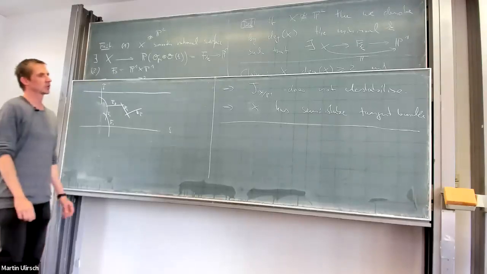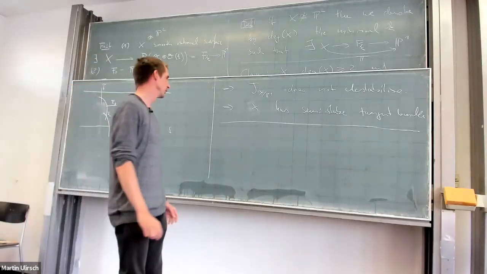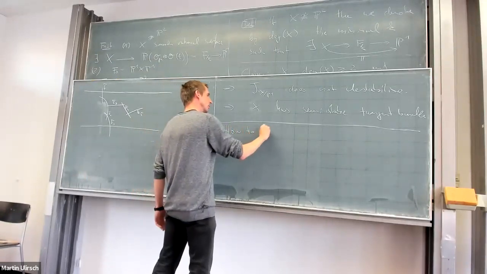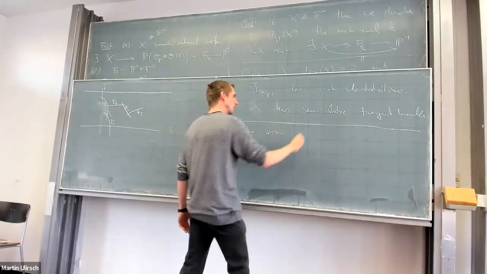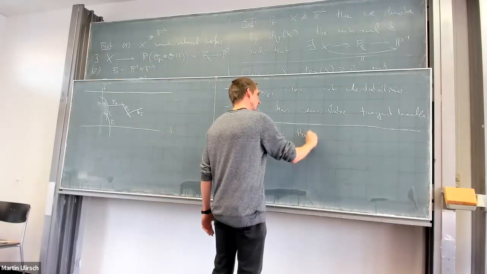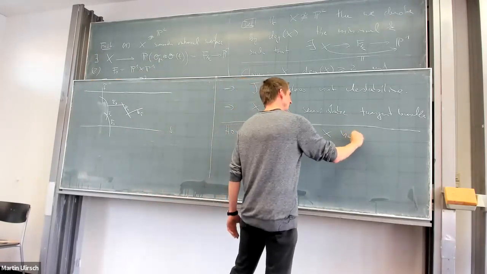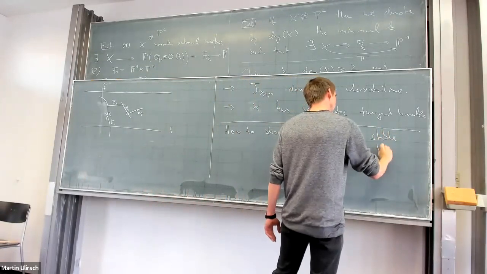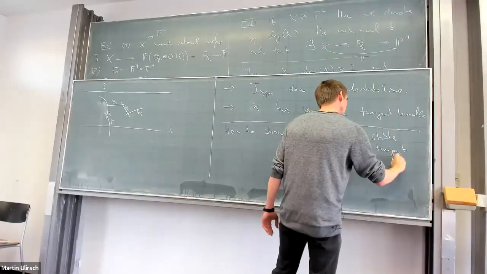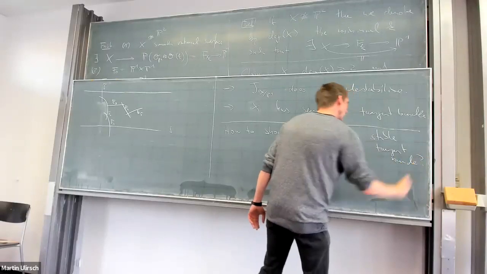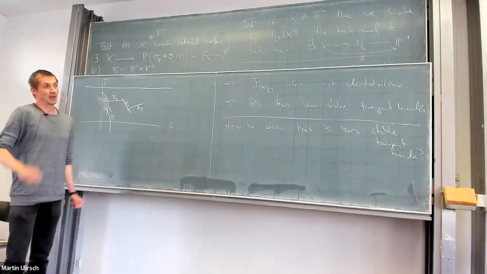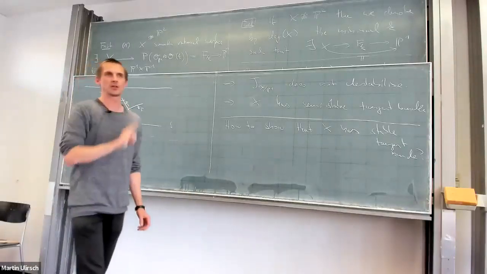So how to show that X actually has stable tangent sheaf? Okay, and I can think of two ways to do this.